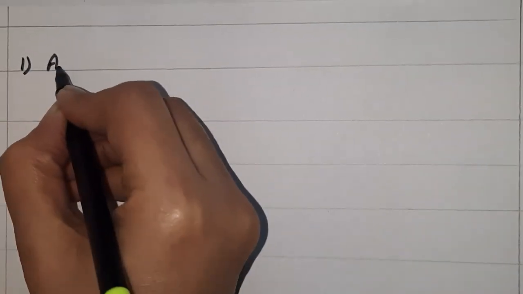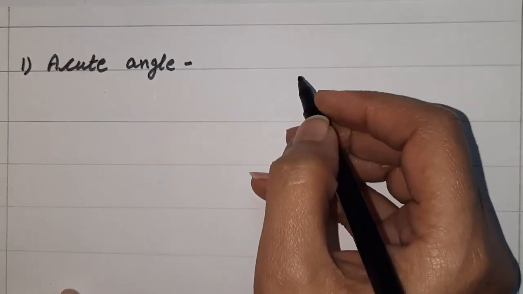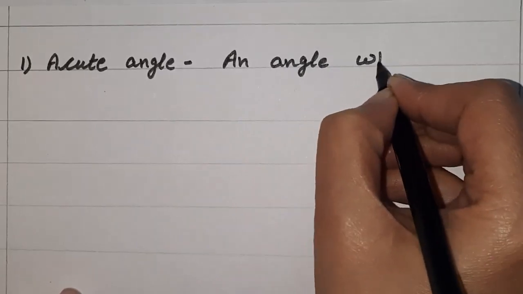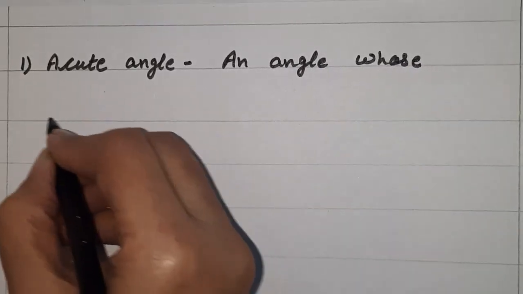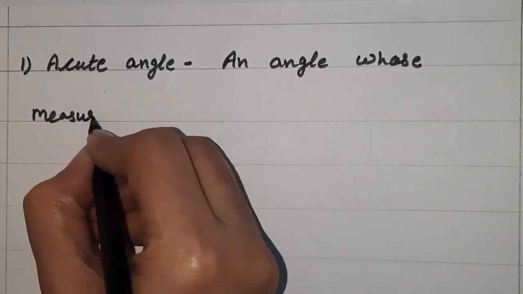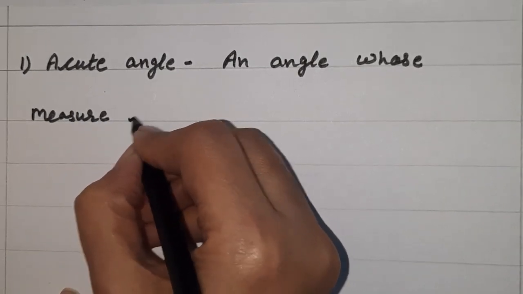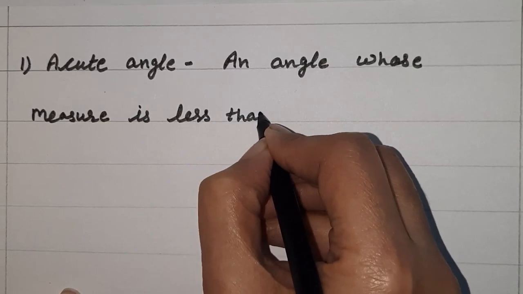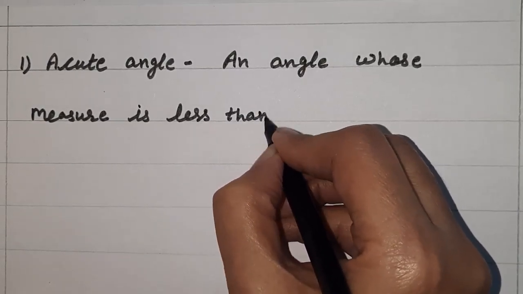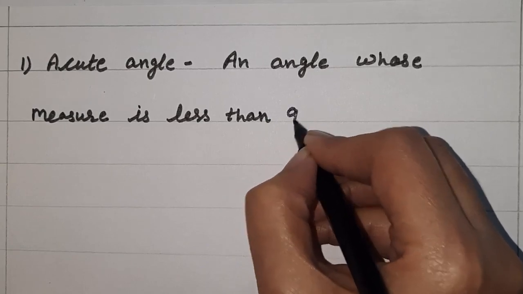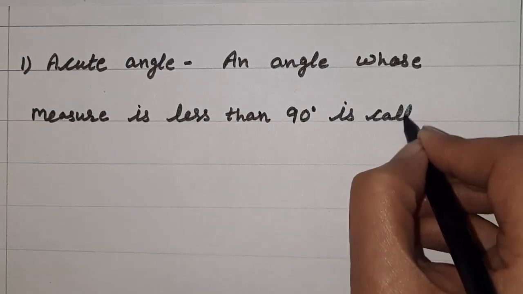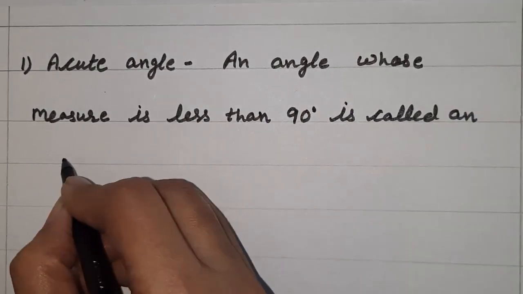Number 1, acute angle. You all know acute angle: an angle whose measure is less than 90 degree is called an acute angle.